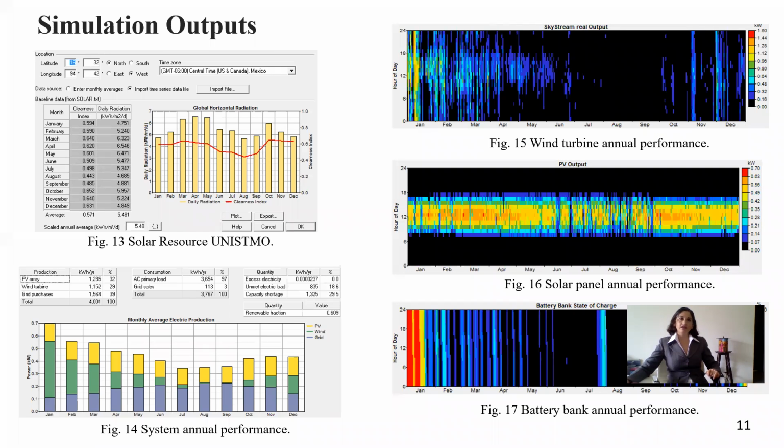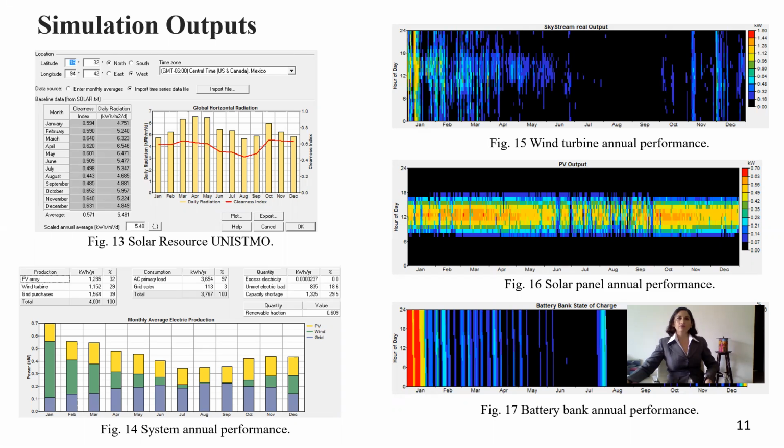Simulation outputs. In figure 13, the solar radiation is presented with an average of 5.48 kilowatt-hours per square meter per day. In figures 14 to 17, we have the annual energy performance of the simulated system. In figure 14, the bars represent the amount of energy produced.